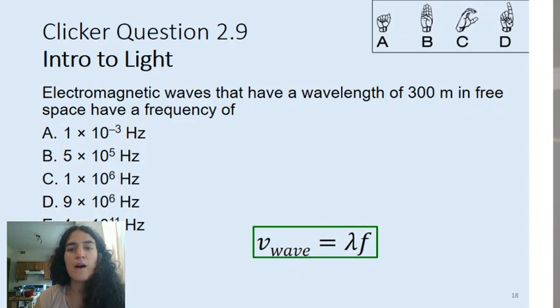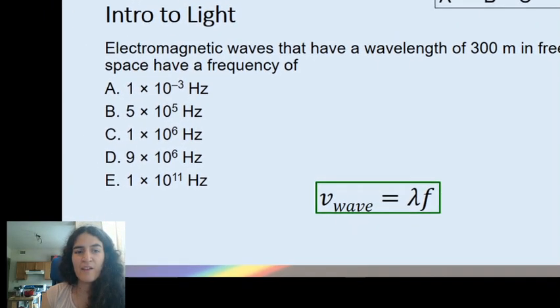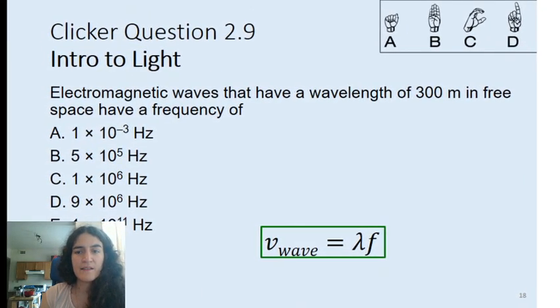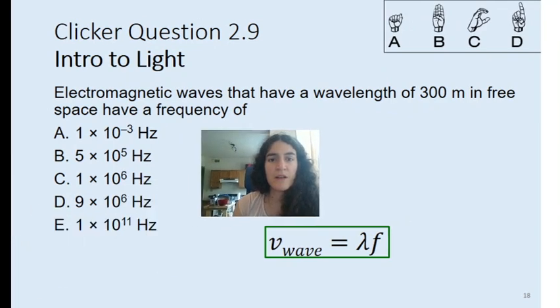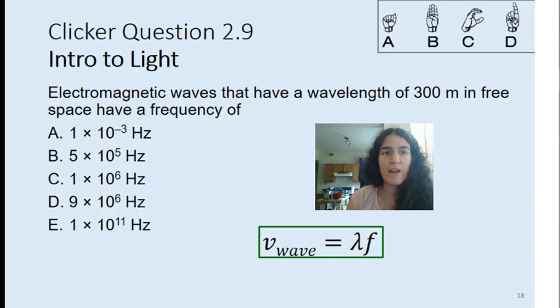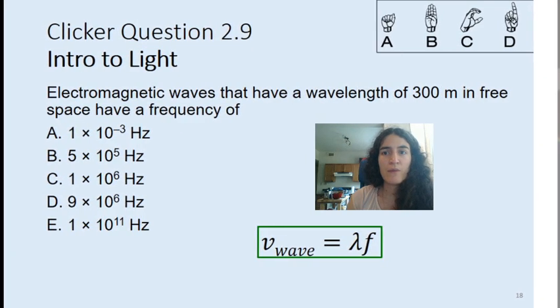Okay, so again, we can relate frequency and wavelength by using this formula, except, for an electromagnetic wave in a vacuum, we have a very precise definition for the speed, right? So the speed of an electromagnetic wave in a vacuum is going to be 3 times 10 to the 8, right?